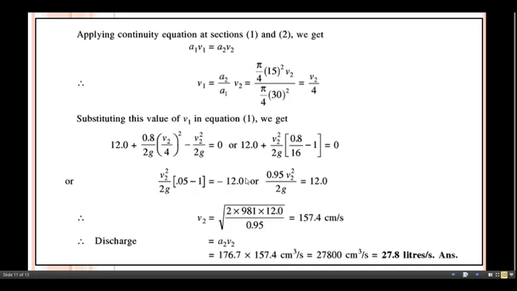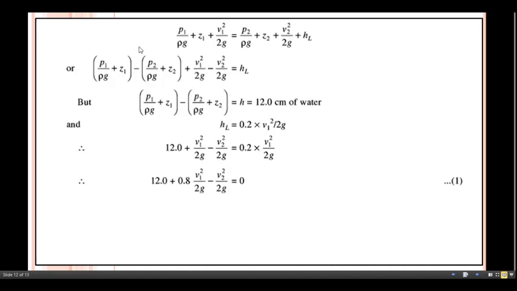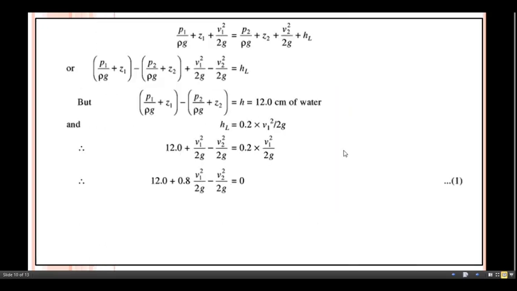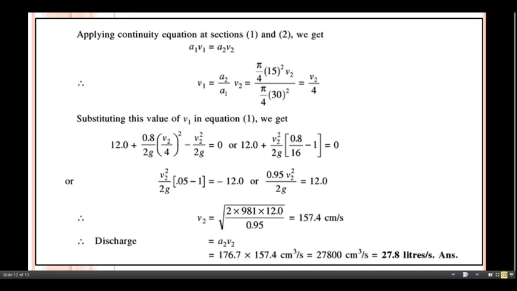Now if I apply the continuity equation at section number 1 and section number 2, section number 1 is here, section number 2 is here, in this case we can get the value for V1.